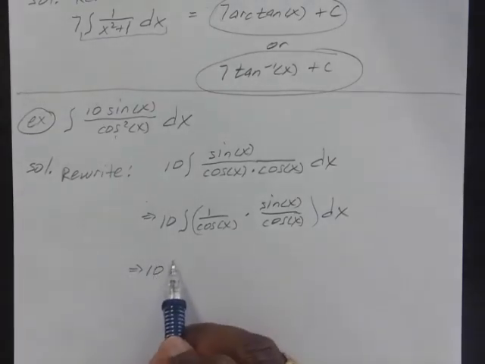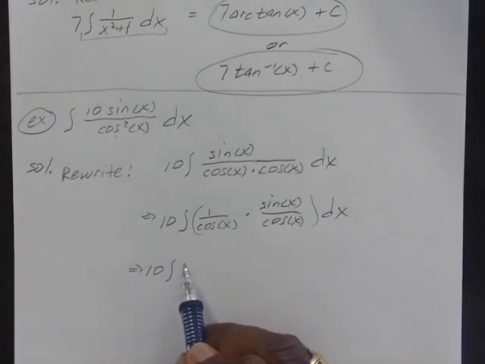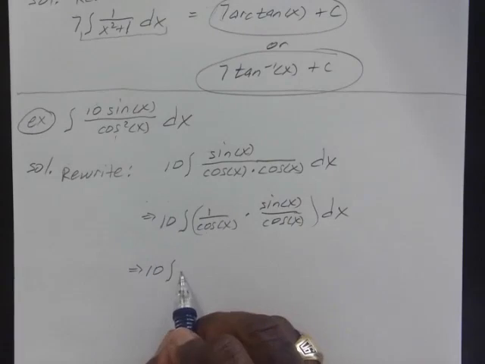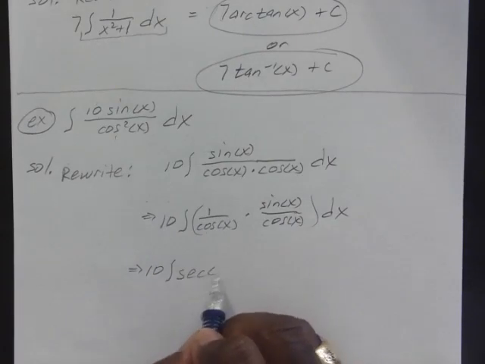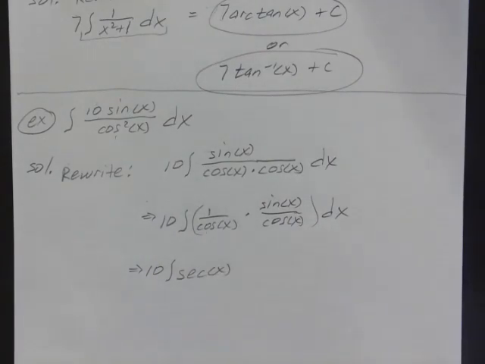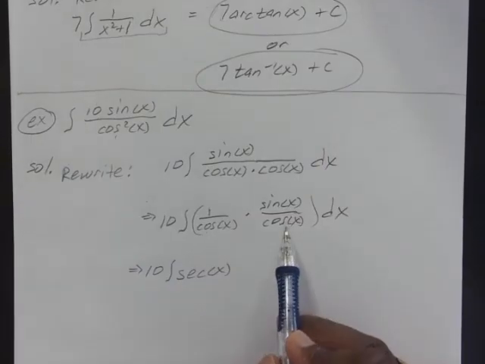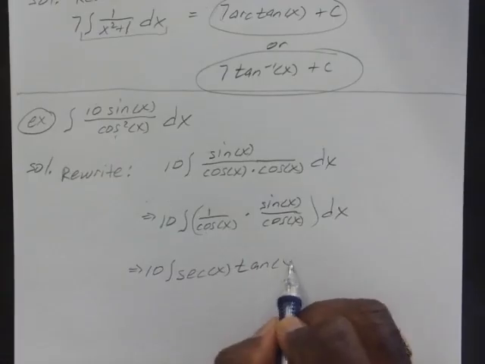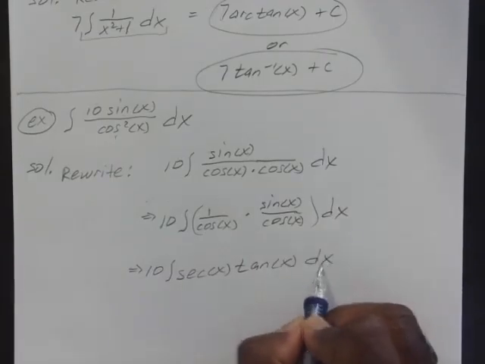Okay, so that gives us 10 times the antiderivative of 1 over cosine of x, which is actually secant of x, times sine over cosine, which we can rewrite as tangent of x, with respect to x.